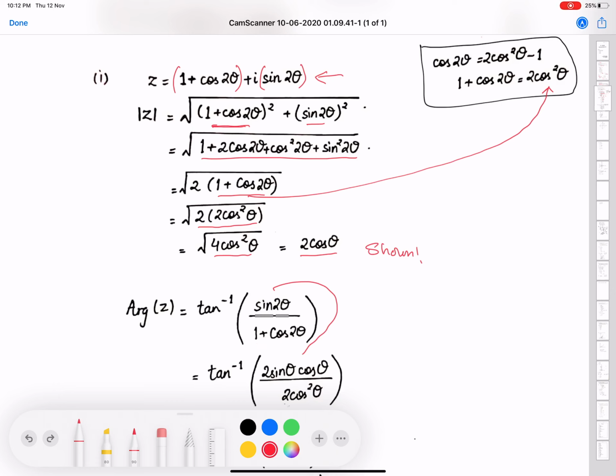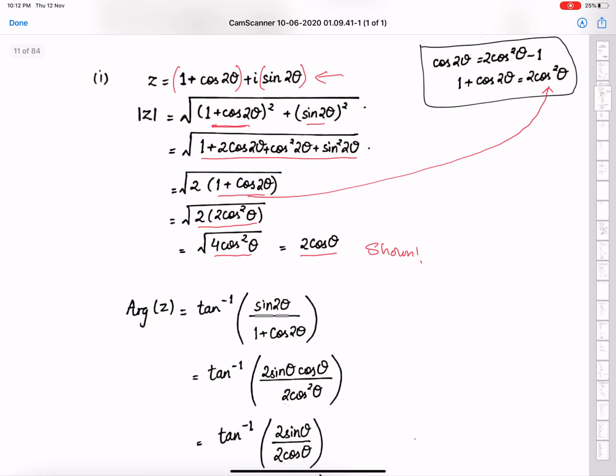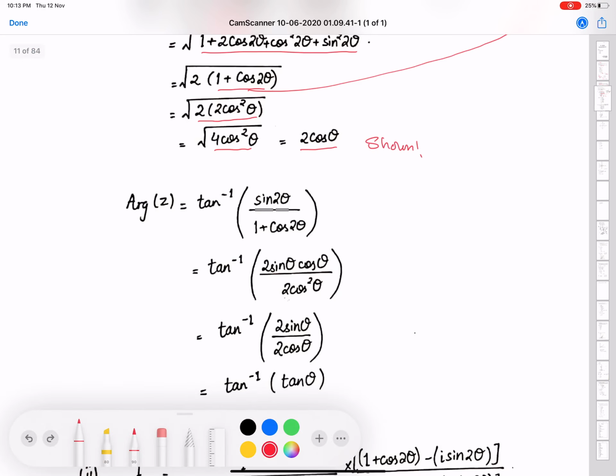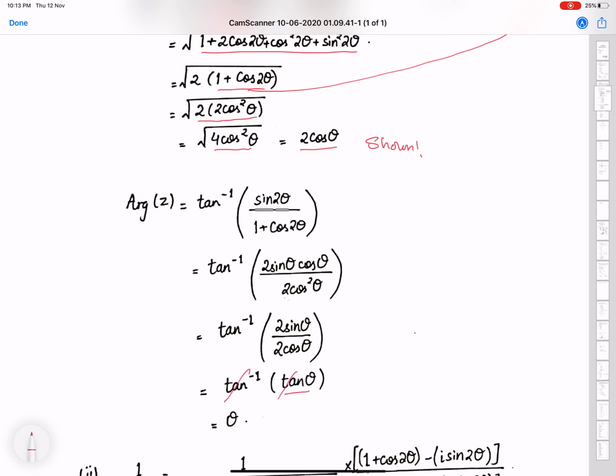That is why I told you, if you are good at trigonometry, then you can easily manage these types of calculations. So finally, after the cancellation, we have tan theta here, and you know tan inverse and tan will be cancelled out. So finally we have argument z is theta, and for argument we use a small letter.